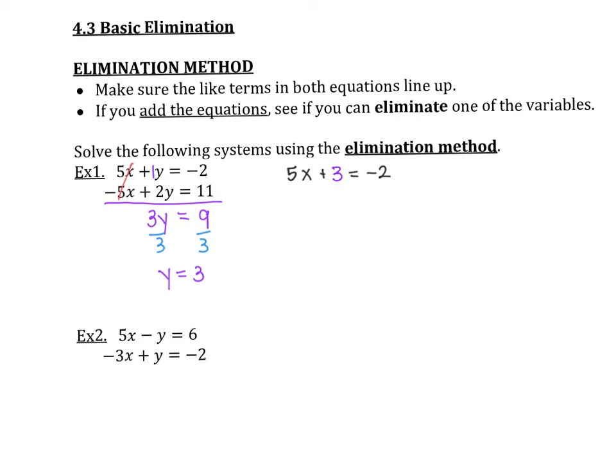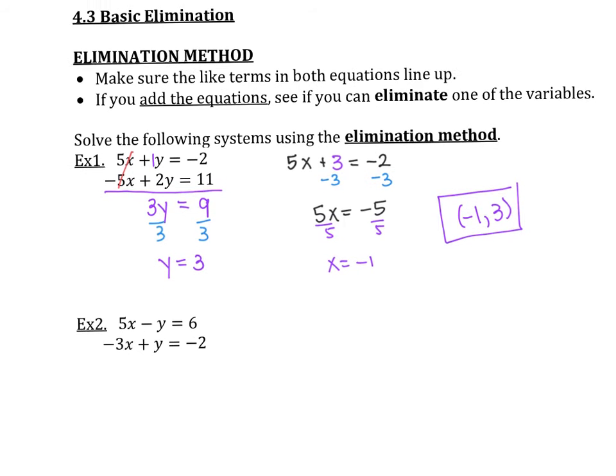Okay, now I can solve this equation so I can get x. Negative 2 minus 3 is negative 5. Divide by 5. I get x is negative 1, and then my final answer should always be an ordered pair. So the x coordinate goes first, the y coordinate goes second, and that's my final answer.